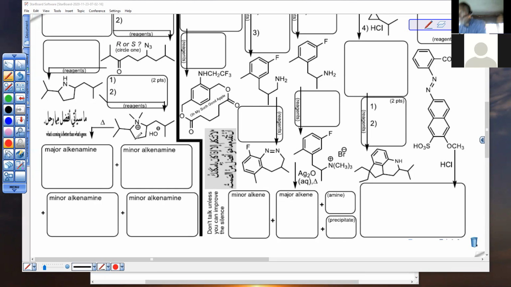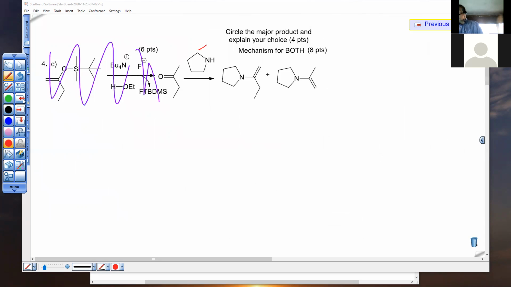That part is called the exhaustive methylation, to put as many methyl groups on the nitrogen as possible. And I see hydroxide here. That's the next step towards a Hofmann elimination. So how do you get the methyls on there? Well, we did it here. We said, look at last week's notes right here.